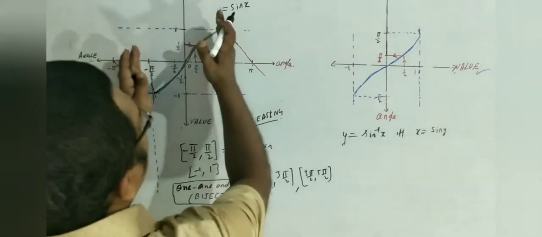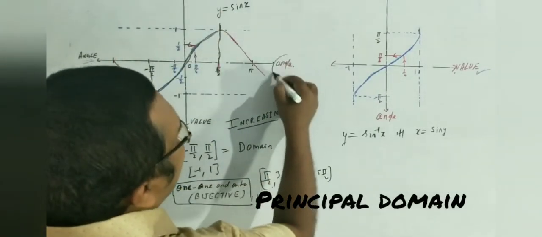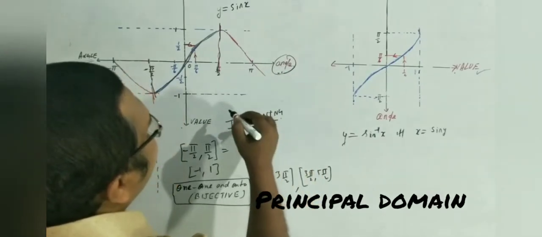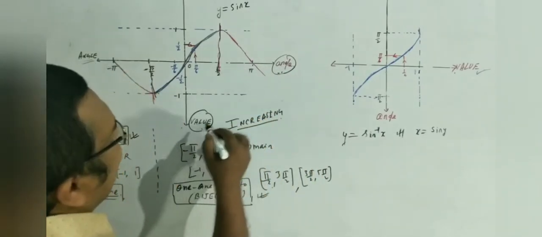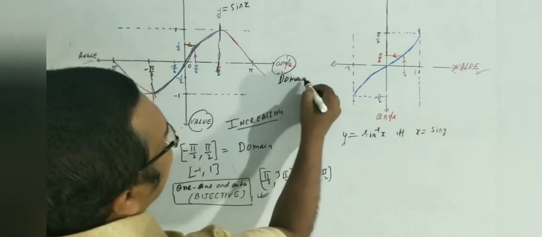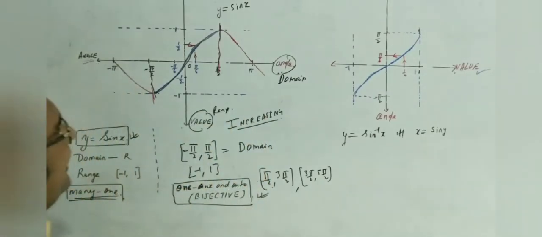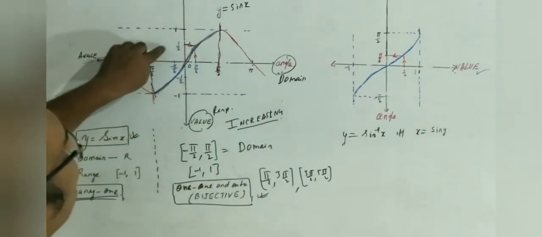We are concerned with only this part. You will find here the x-axis represents the angle and the y-axis represents the value. This is the domain, and this is the range. That is, we are going from angle to value.